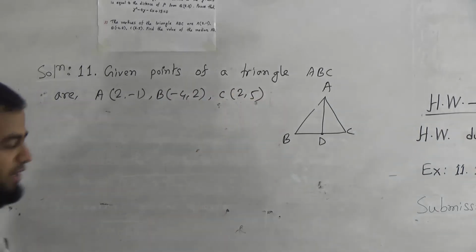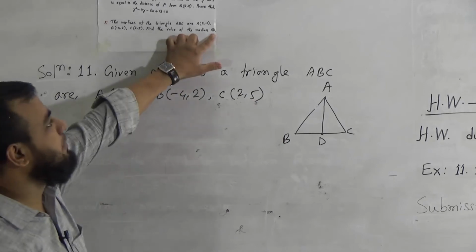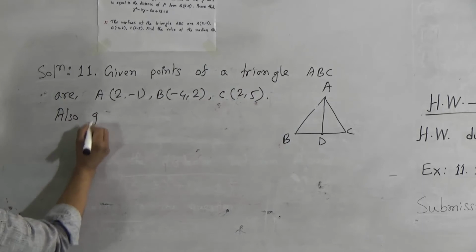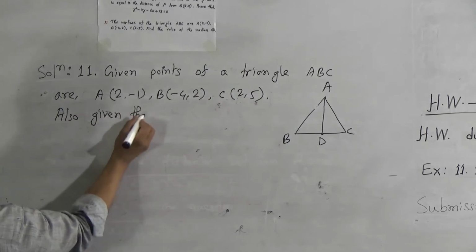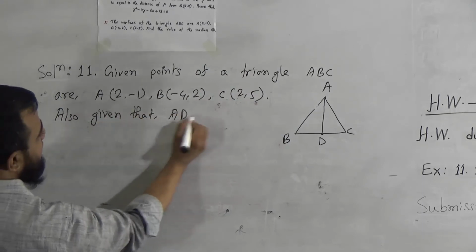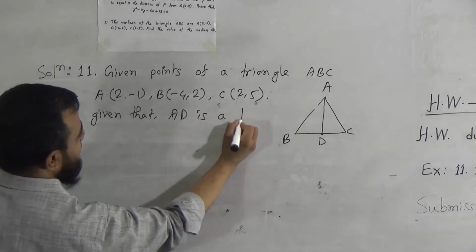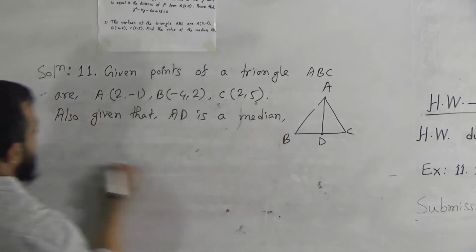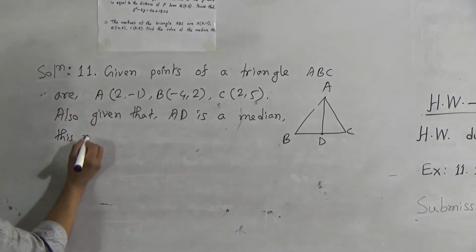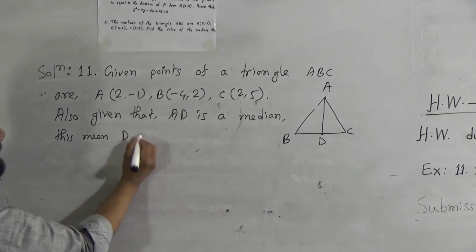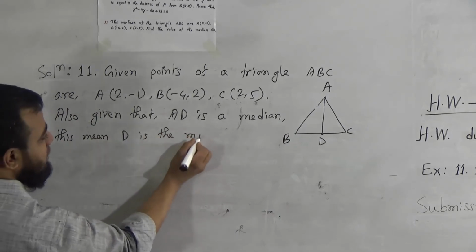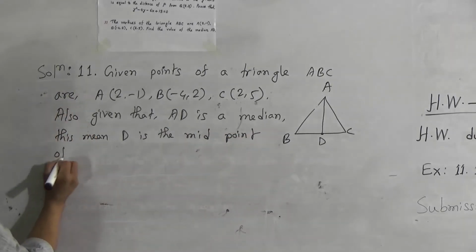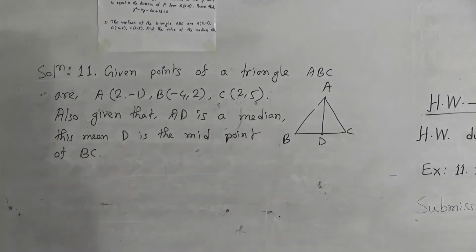Also given that AD is the median. This means D is the midpoint of BC.